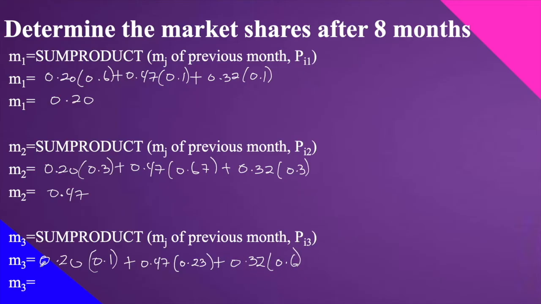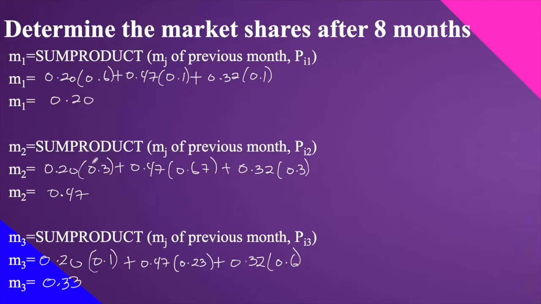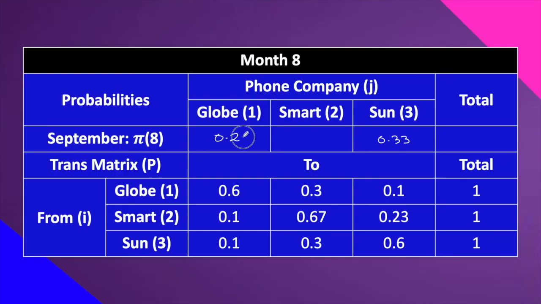This is equivalent to 0.33. Okay. Now, the 0.33 is equivalent now to the market share of Sun. No, 0.33. Di natin nasulat, no? 0.20 and 0.47. Equivalent to 1. Okay?